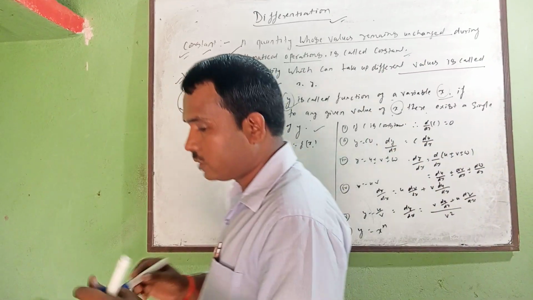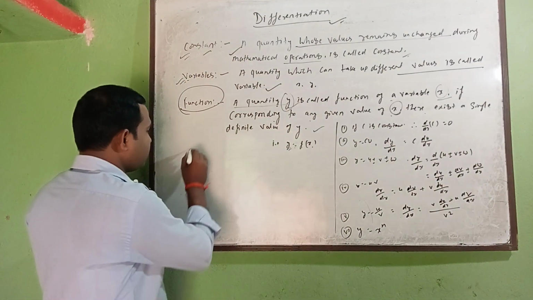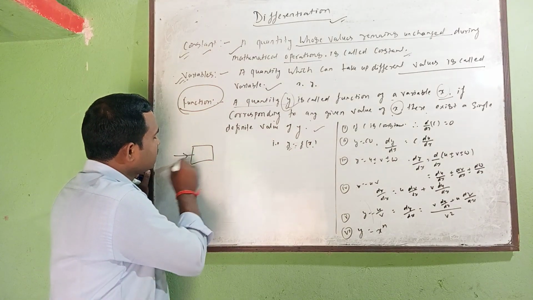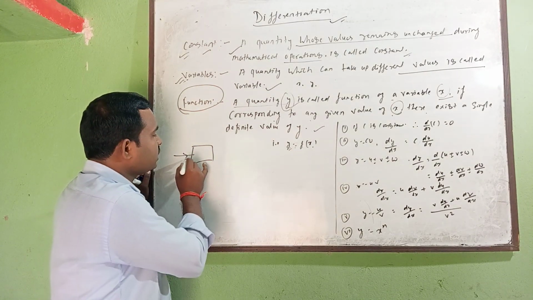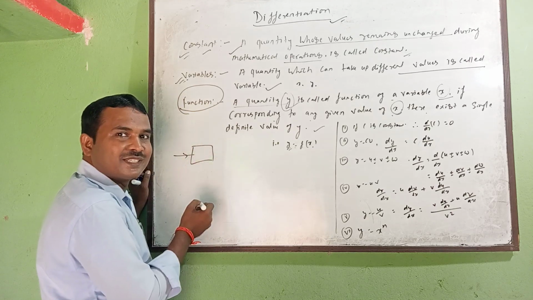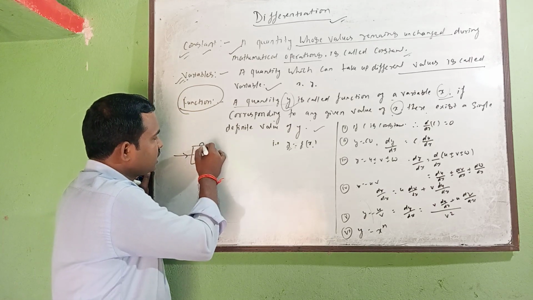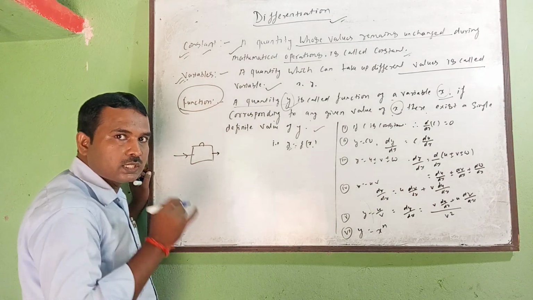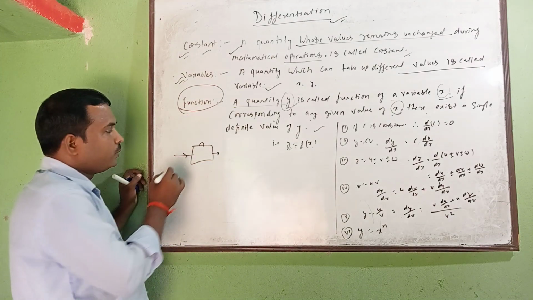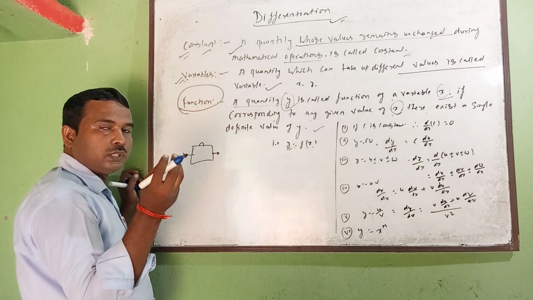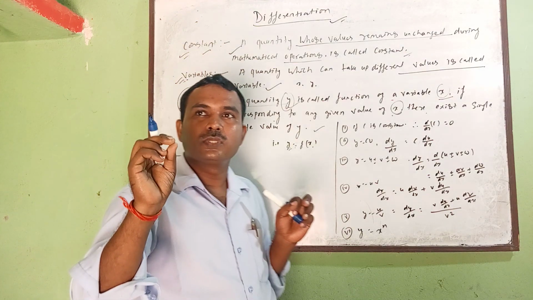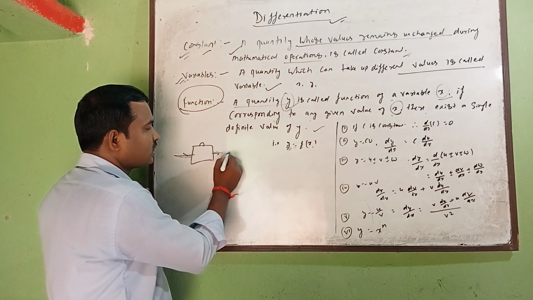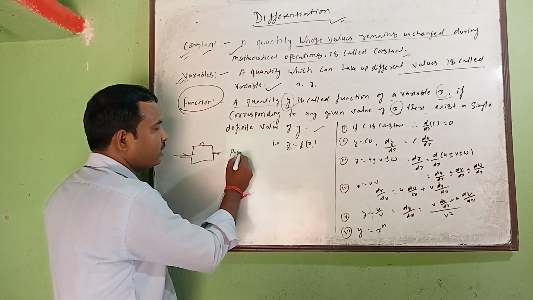Very good. Suppose we have a machine, and when we put something here, after putting, this machine converts it, and finally you get a result. Just like suppose we have wood or leaves or dust, we put it here, and finally we get paper.